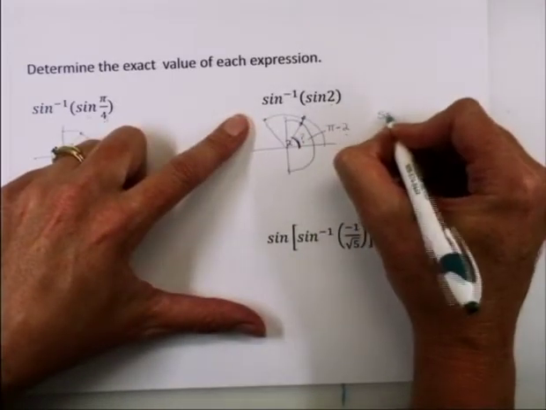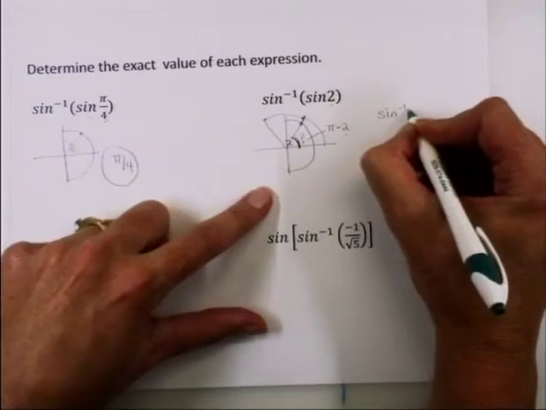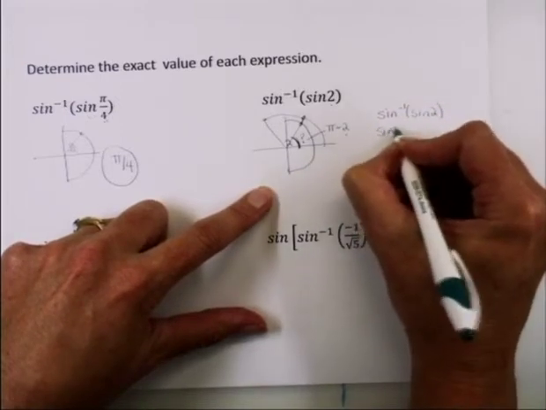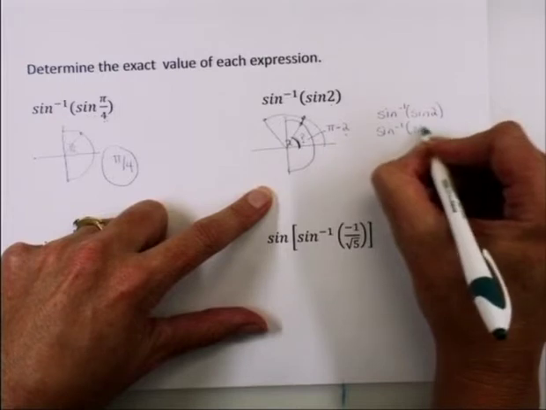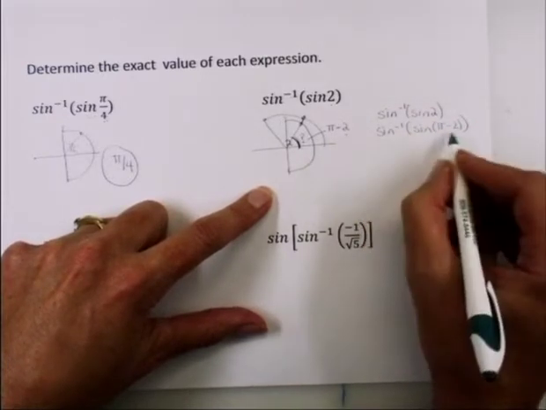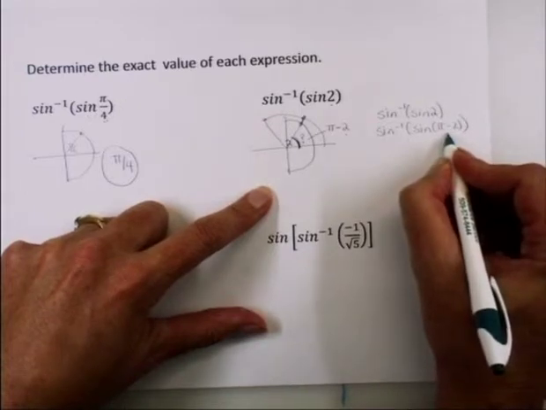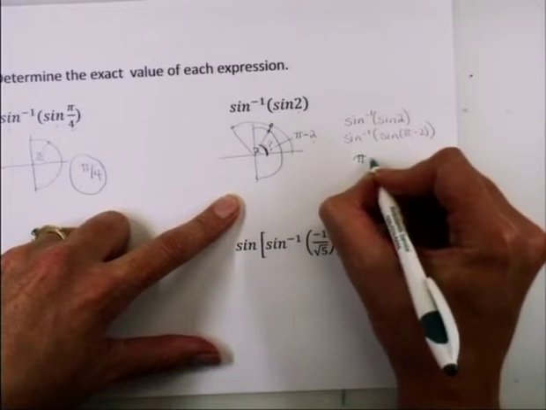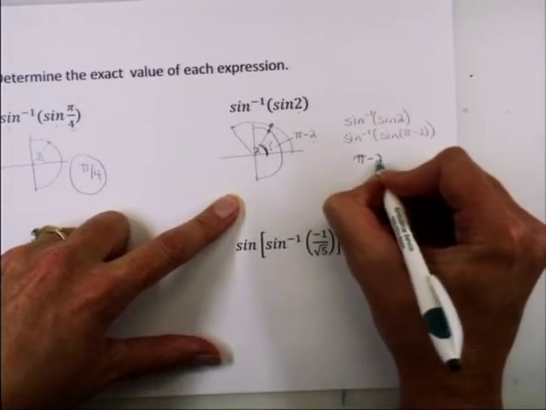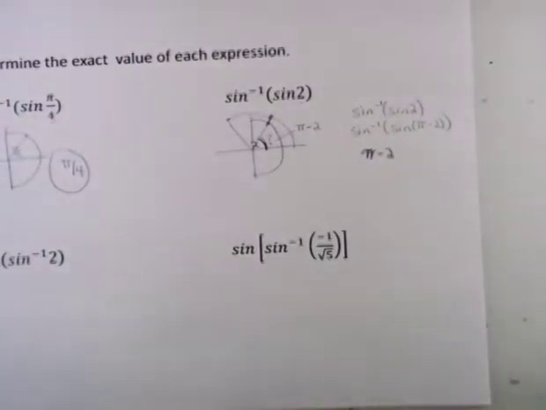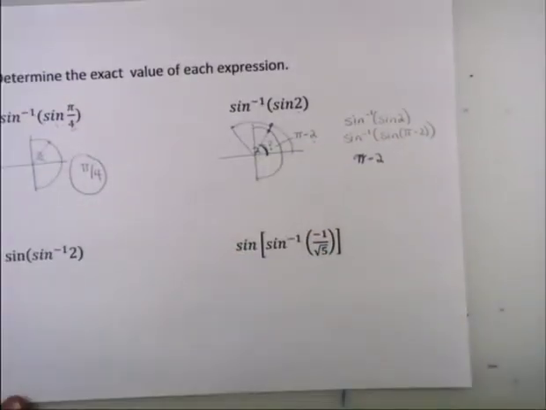The statement sine inverse of the sine of 2 is equivalent to the sine inverse of the sine of pi minus 2. Now this one is within my restricted domain, so my answer is just pi minus 2. On that one, we had to move it to think of it being in the restricted domain.